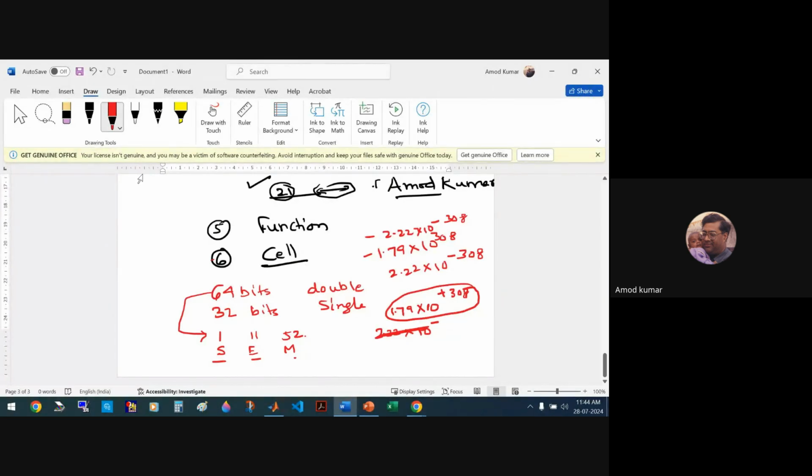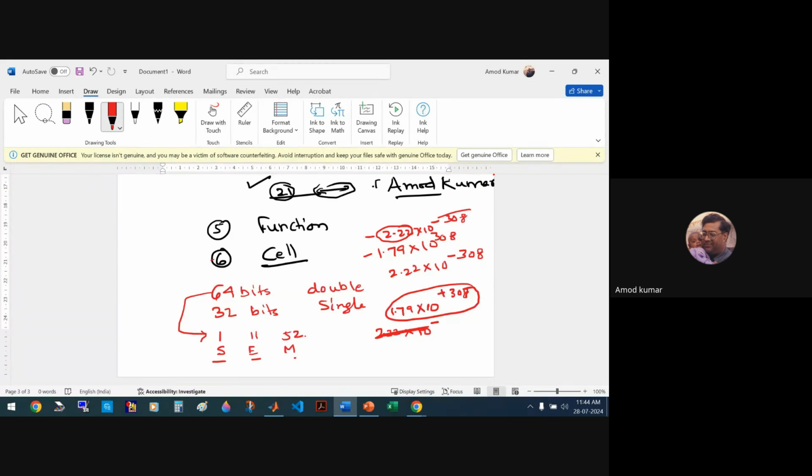Now, when MATLAB displays a very large number on the screen, it will display in this format, 10 raised to the power something, that means the floating point number. In this floating point number, the mantissa part will not show more than 4 digits after decimal. This is what I'm saying.